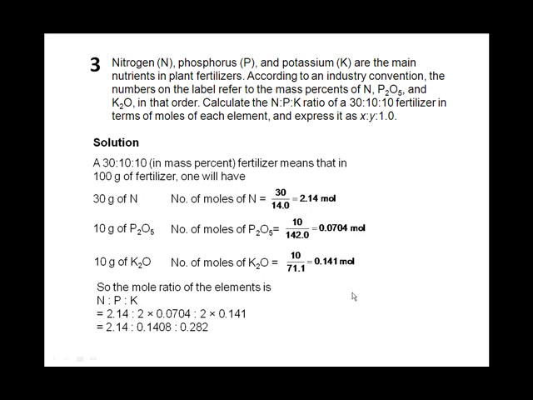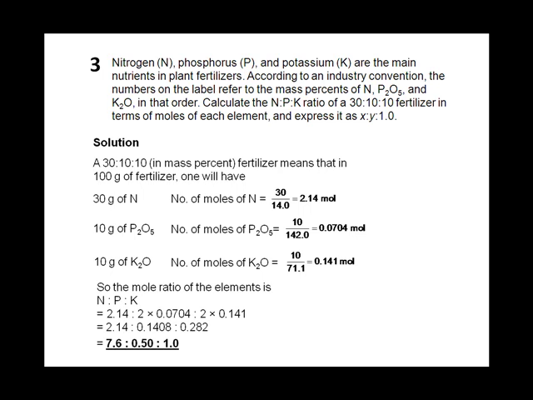If you look at the mole ratio of the elements, for nitrogen it's very simple. We already calculated it up in the front. It's 2.14. But for P2O5, for every mole of P2O5, we have 2 moles of phosphorus.